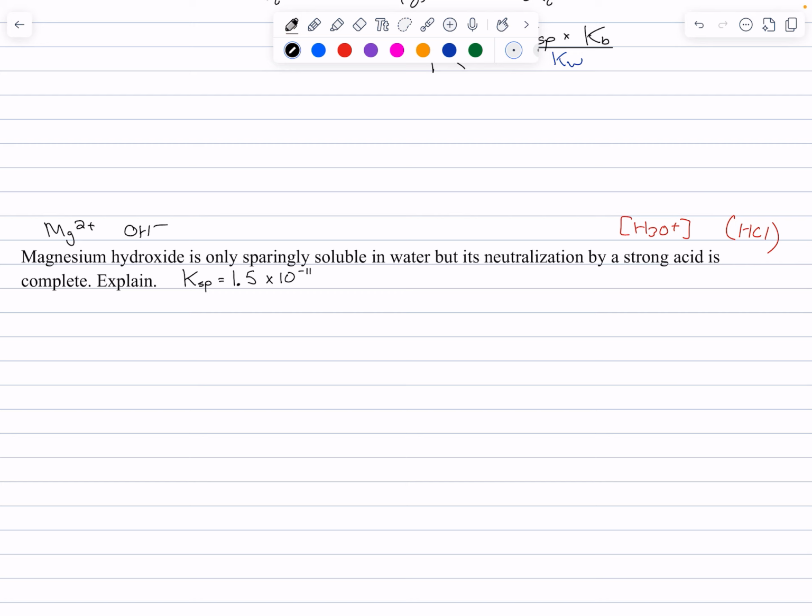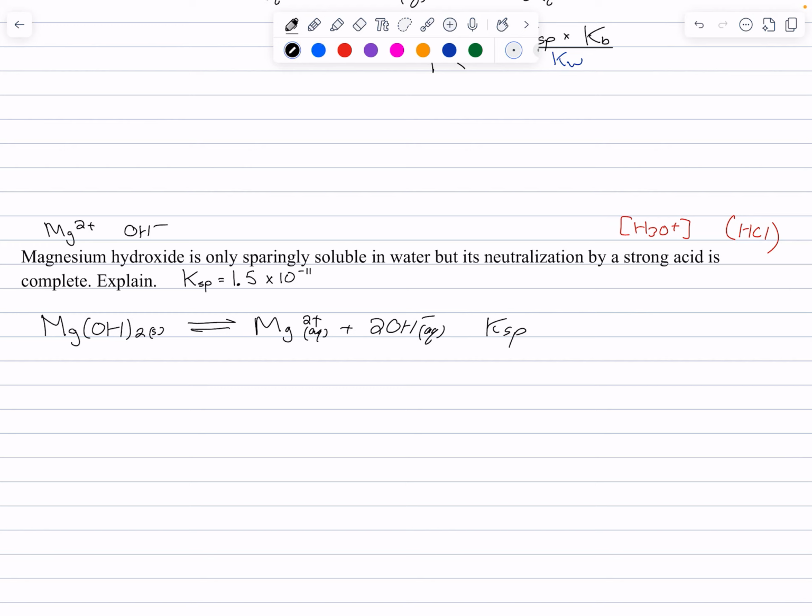So magnesium hydroxide. Let's write the equation here. Mg(OH)2 solid, and we get Mg2 plus and 2OH minus, and that's KSP. And we have the number now.